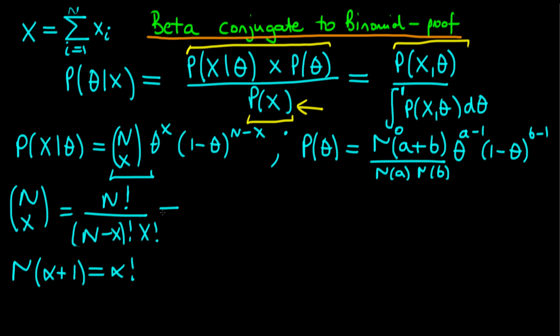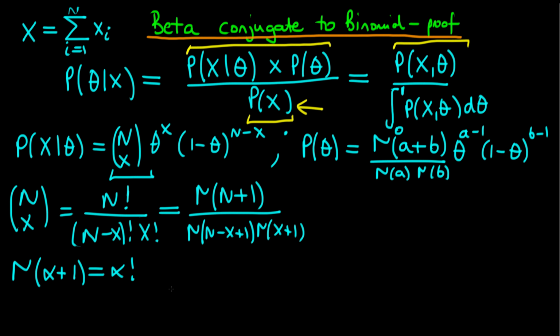So what we can do is rewrite this n choose x term just using the gamma function. The numerator just becomes the gamma function of n plus 1. The denominator just becomes the gamma function of n minus x plus 1 times the gamma function of x plus 1.